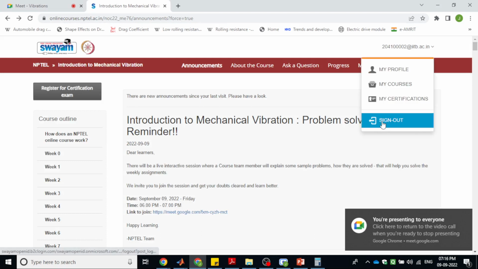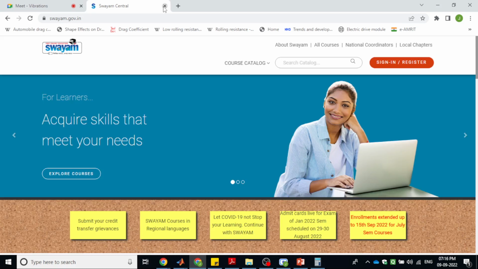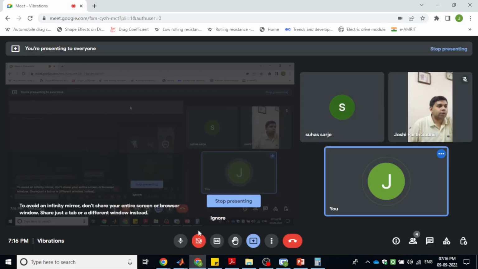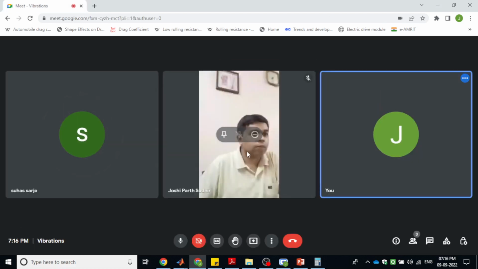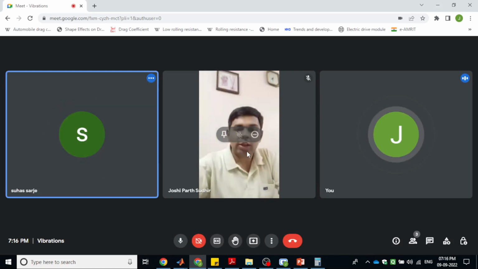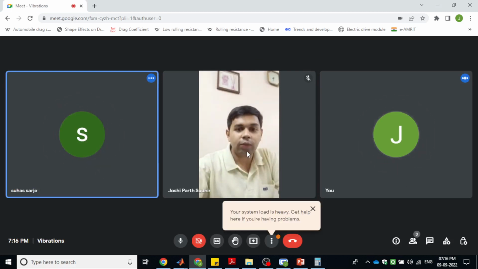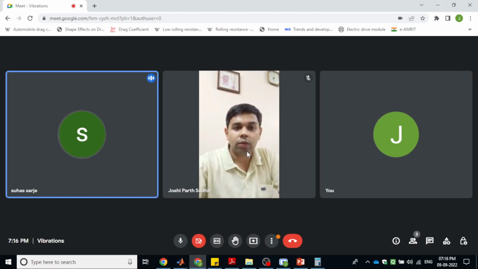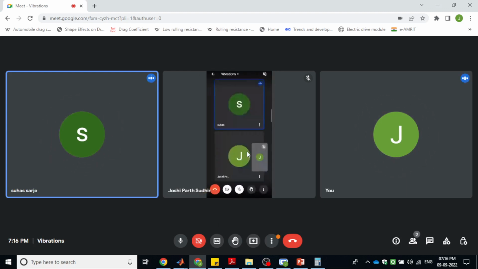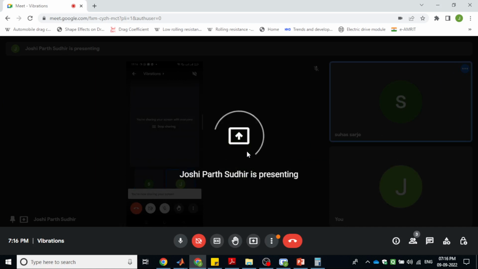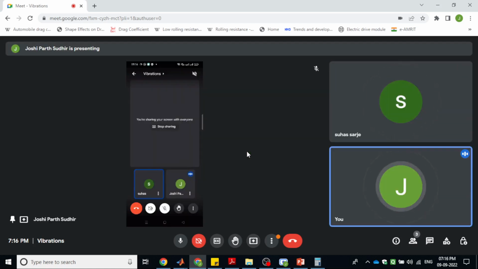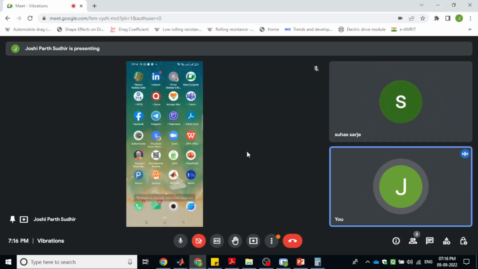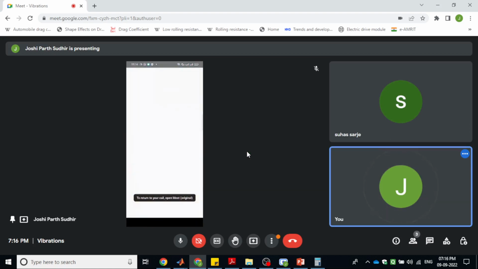On the desktop mode, I will get that. It will be there in the phone app as well. I also have the Swayam app. Where is that? I'll also try to show you.